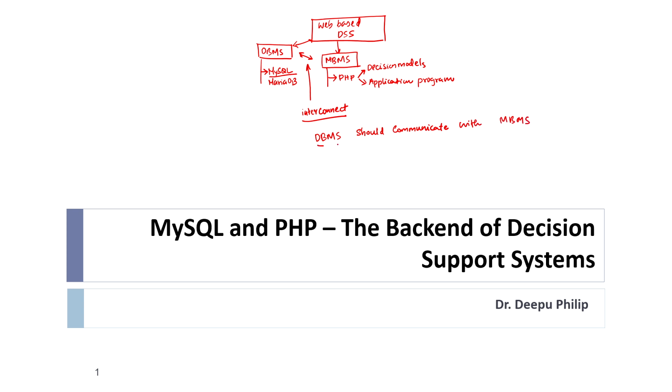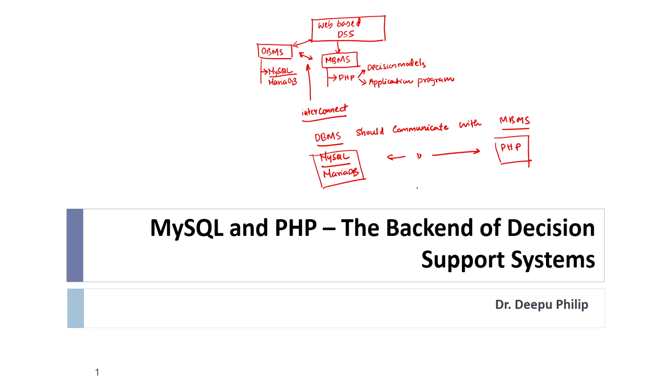We can replace this with MySQL or MariaDB should talk with PHP, or should communicate with PHP, because you are using PHP to make this connection happen. So, that is what we are trying to study, or take a quick overview of, in today's lecture.